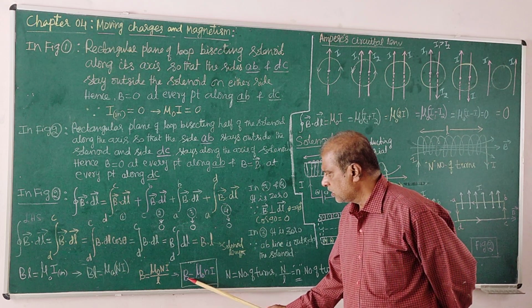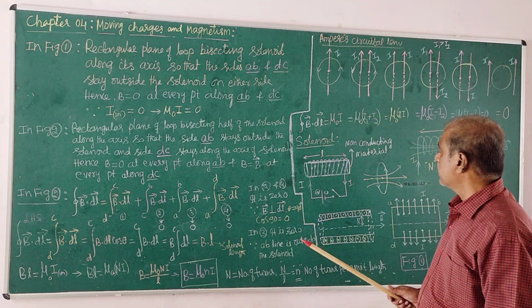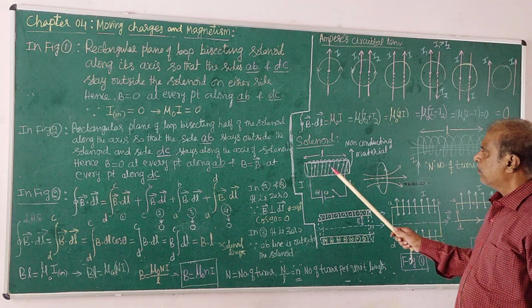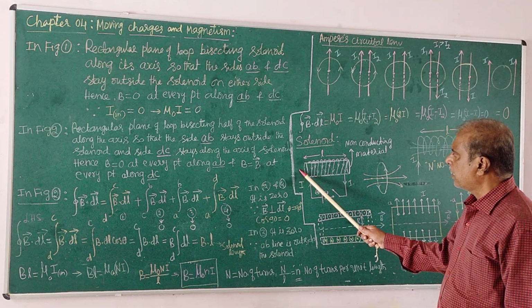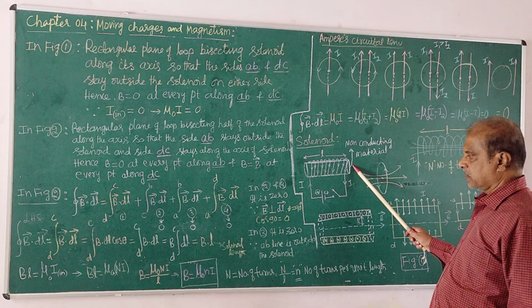What is the magnetic field at any point along the axis of the solenoid? Strong magnetic field is there.